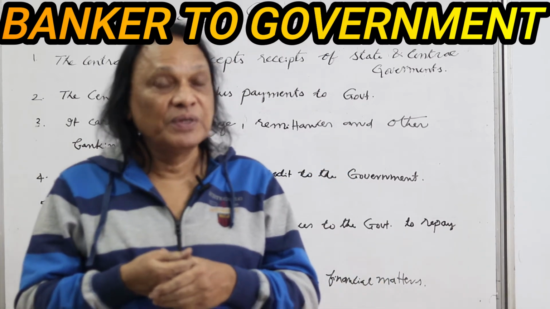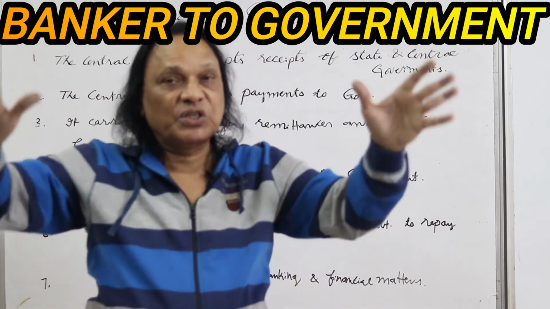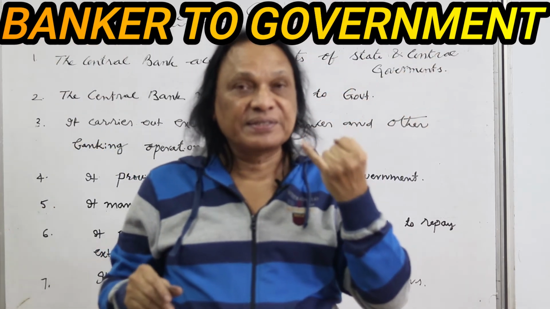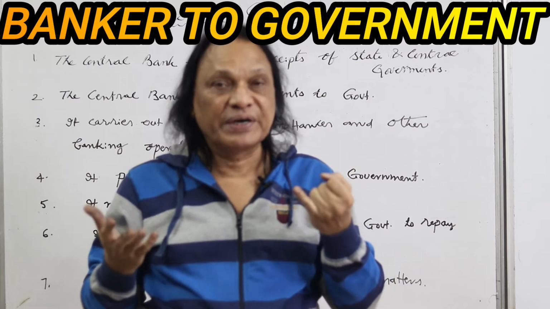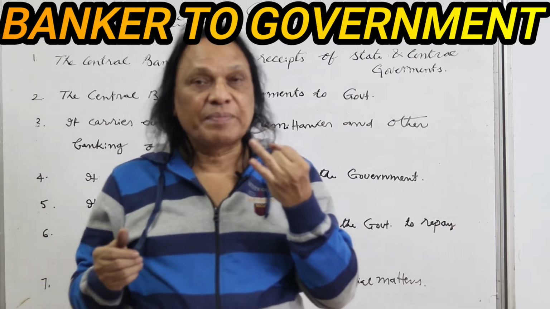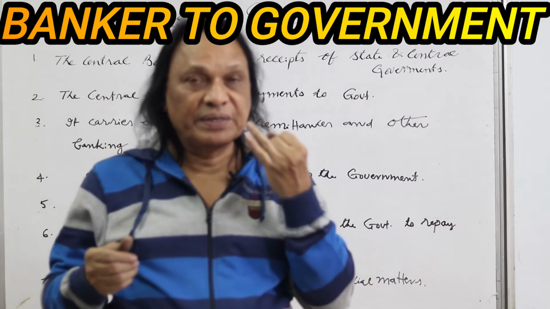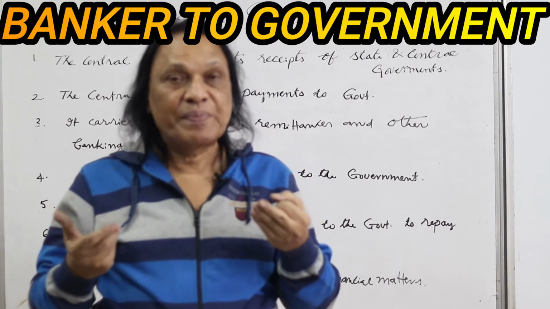In the last video, we discussed that the central bank has 5 important functions. What are these 5 functions? The first function is that the central bank has the sole authority of issuing currency. The second function is that the central bank is the banker of the government, and the third function is that the central bank is the banker's bank.